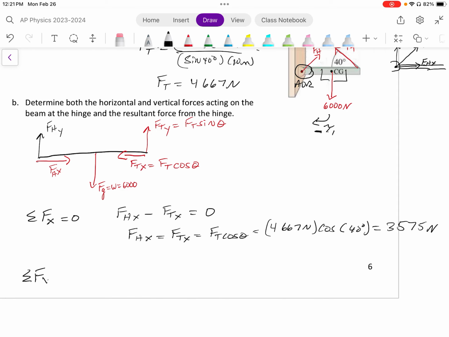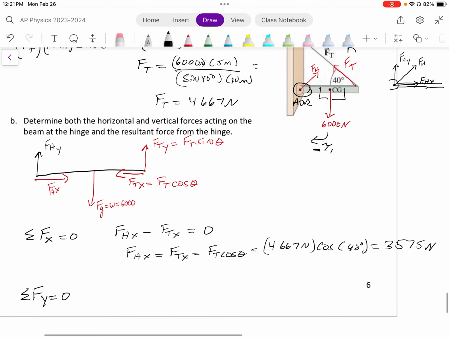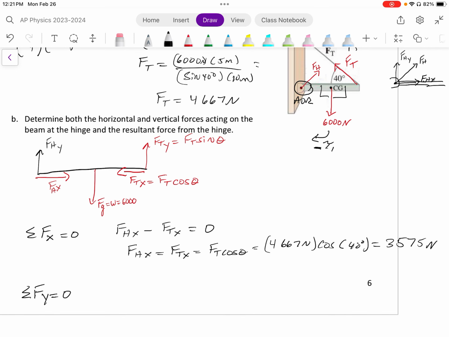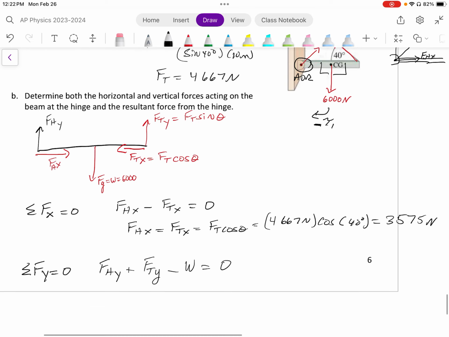I will sum the forces in the y direction. They must add up to 0. How many forces do I have in the y direction? I have 3. I have 2 positive, 1 negative. Force of the hinge in the y plus force of tension in the y minus the weight of the beam is equal to 0.